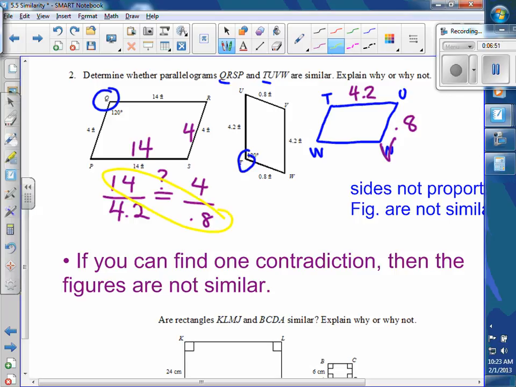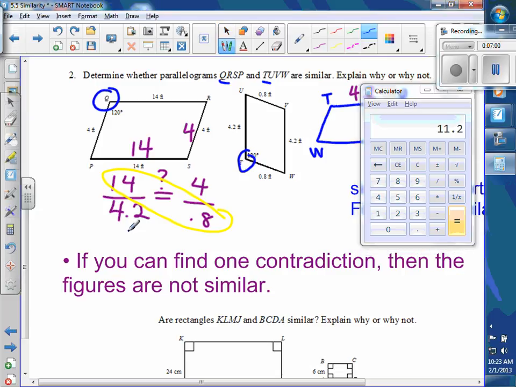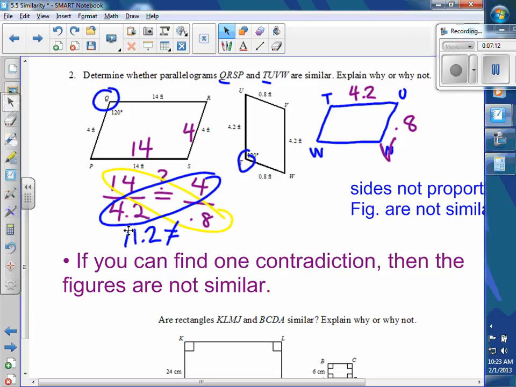So 14 times 8/10 is 11.2. And then 4 times 4.2, that's over 16, right? So they're not going to be equal. Does that make sense? So you guys are going to have to maybe read one example, but I think if you read an example, you'll be able to do this. It's easier than yesterday.